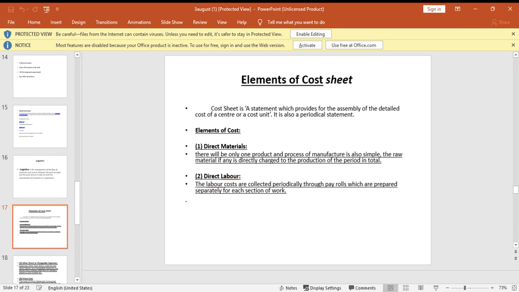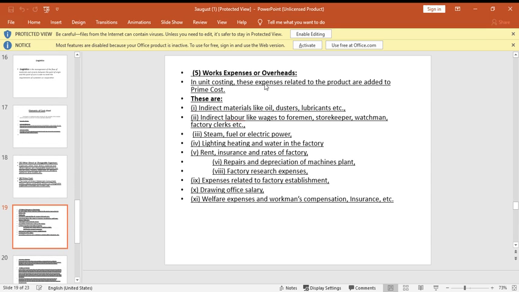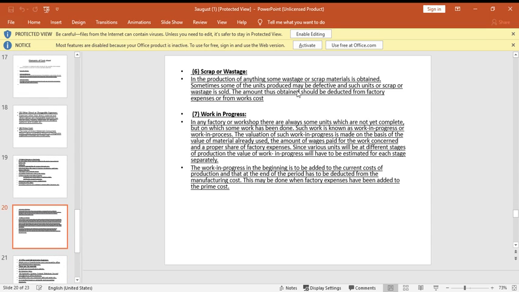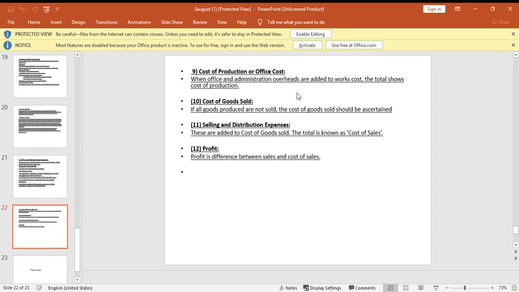First one is direct materials, direct labor, other direct or chargeable expenses, prime cost, work expenses or overheads, scrap or wastage, work in process, office and administrative expenses, cost of production or cost of goods sold, selling and distribution expenses, and last one is profit.